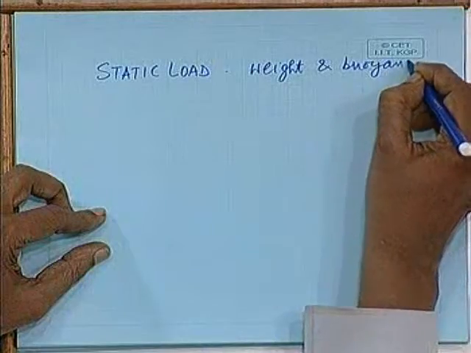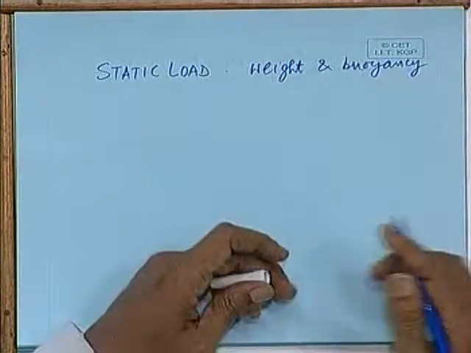We assume here the ship as a longitudinal beam having small cross section compared to its length, and the forces acting on it are weight and buoyancy.